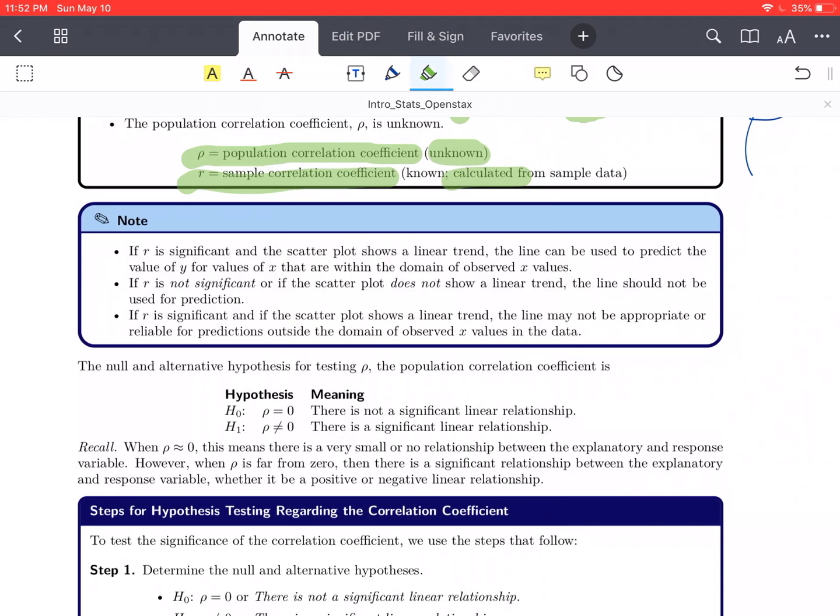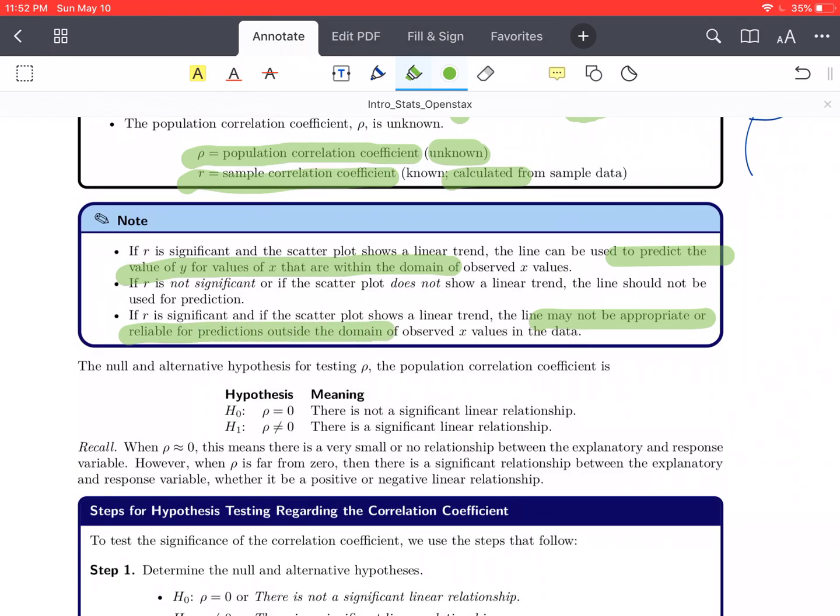So it's basically just what we were saying last time. We can use it to predict values within the domain. We should not be using it to predict values outside the domain. And if it's not significant, then we shouldn't be using the line at all.